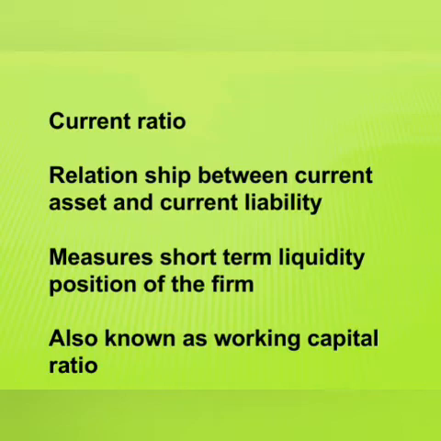Current assets are cash in hand, cash at bank, marketable securities, bills receivable, sundry debtors, inventories, prepaid expenses, etc. Current liabilities are outstanding expenses, bills payable, sundry creditors, short-term advances, income tax payable, dividend payable, bank overdraft, etc.